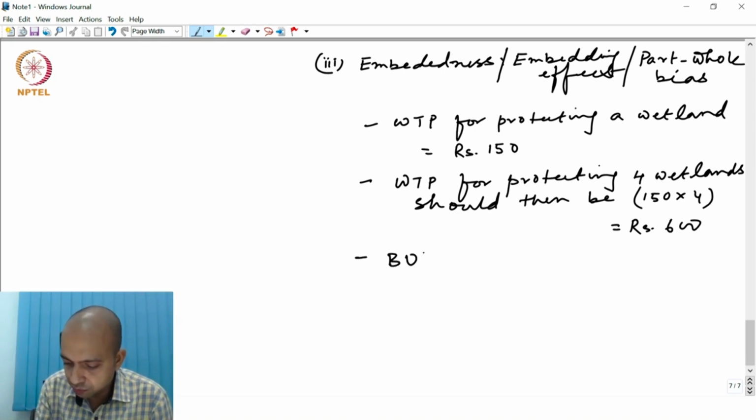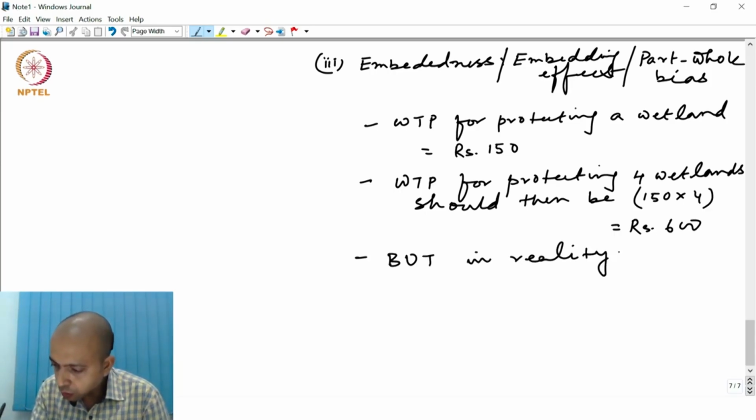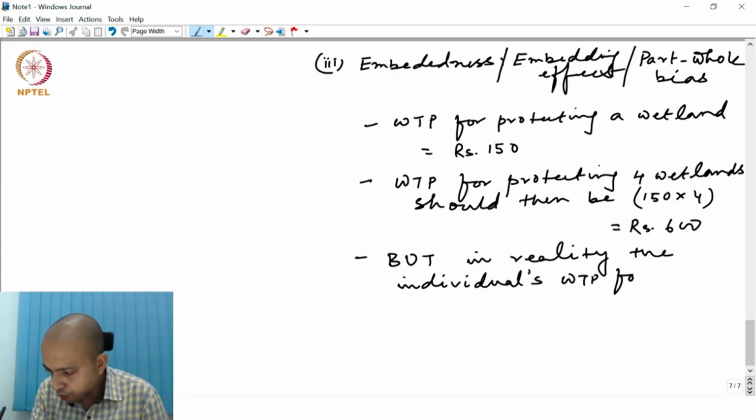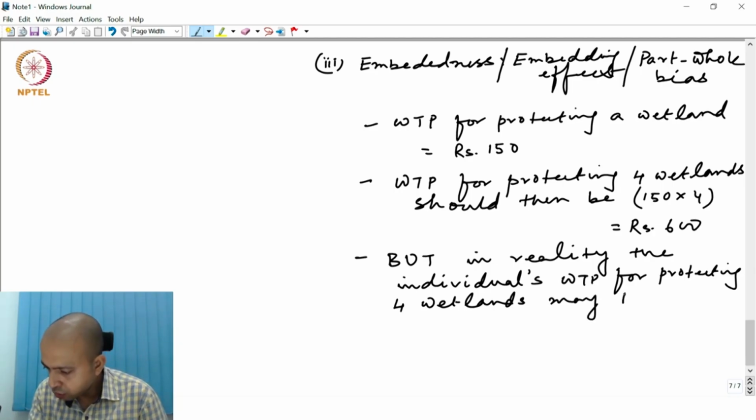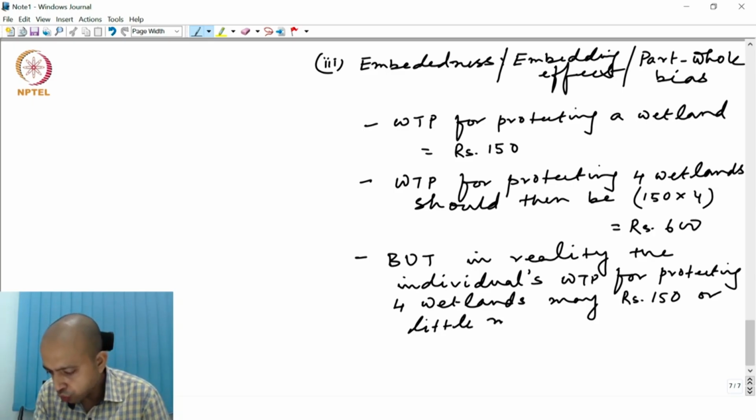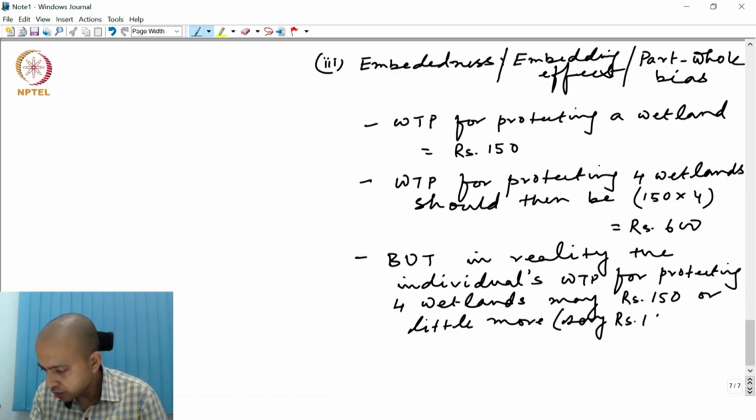But in reality, a big but, in reality, the individual's willingness to pay for protecting 4 wetlands may be rupees 150 or a little more, say rupees 160.